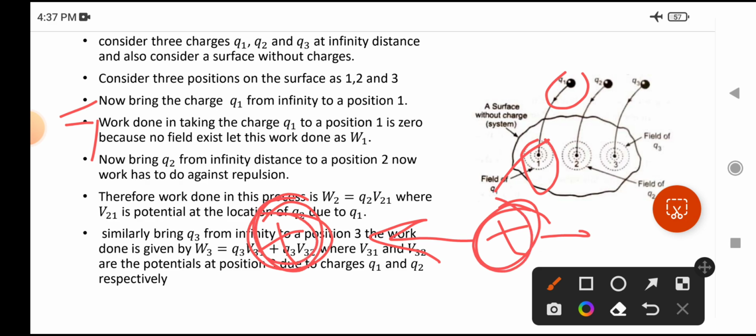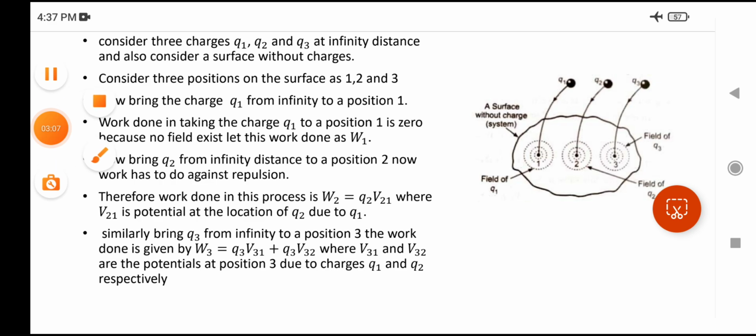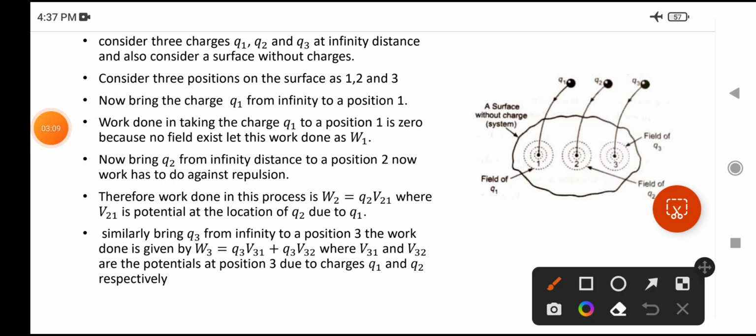But here I am bringing q1 from infinity to position 1, and on this surface there are no charges, so there is no need to do any work to keep this charge here. That is why work done is 0.